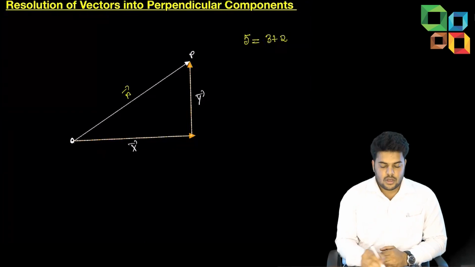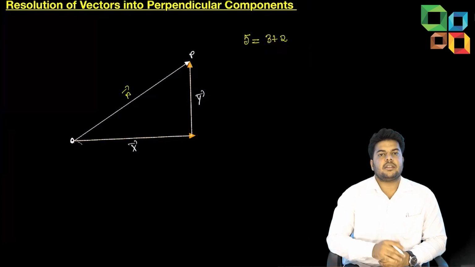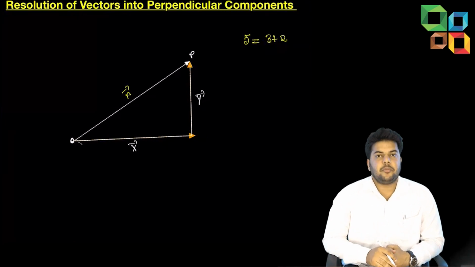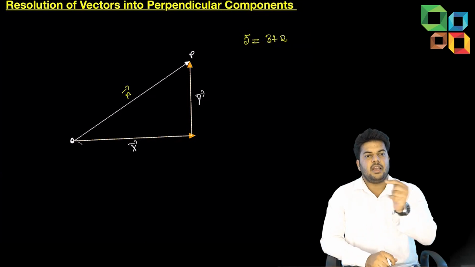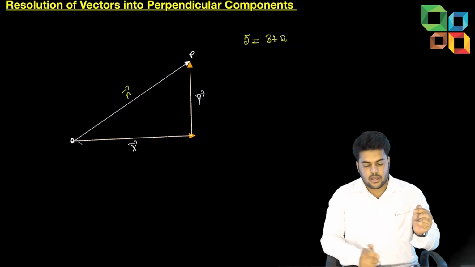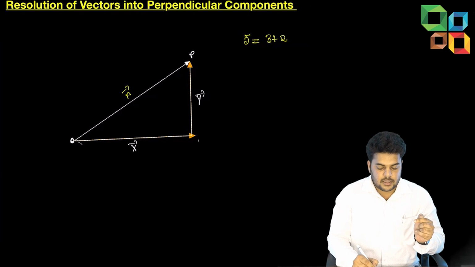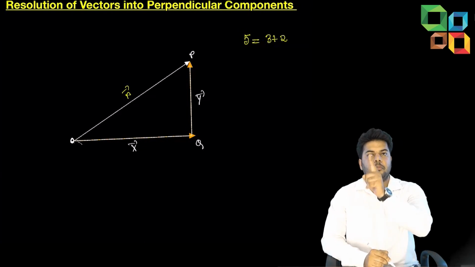If you go x kilometers to the east and y kilometers to the north, it is as good as reaching the point P. So instead of saying Rachit is going from O to P, I'm saying Rachit is going from O to some point, let's say Q, and from Q to P.